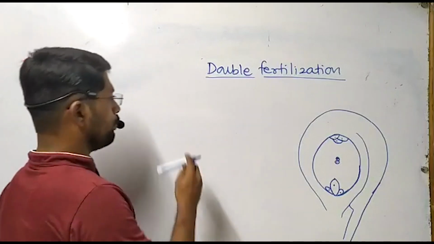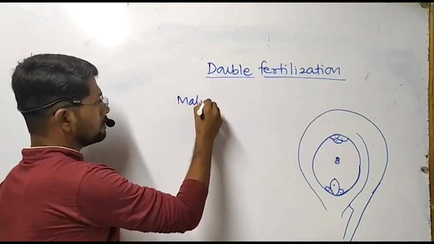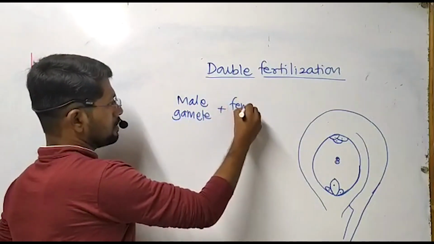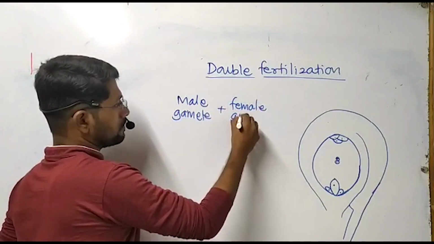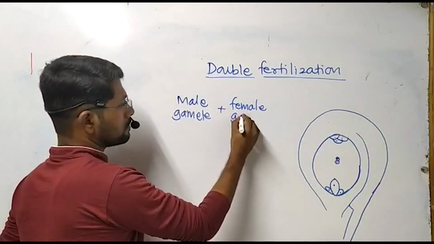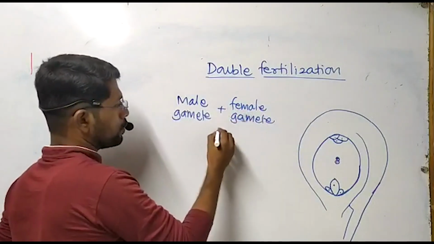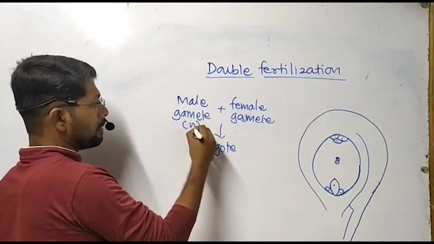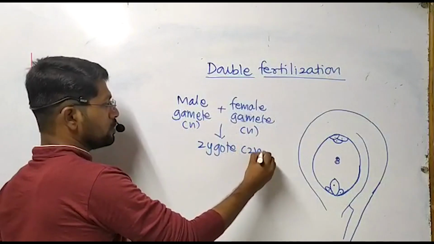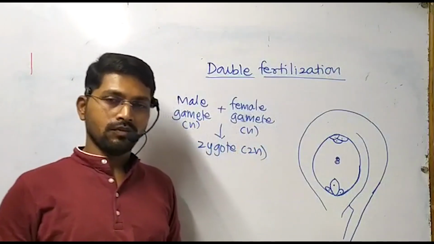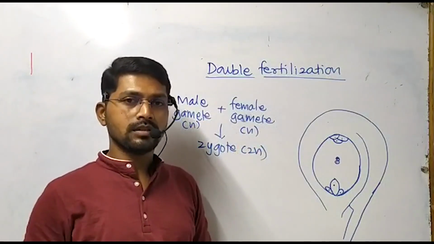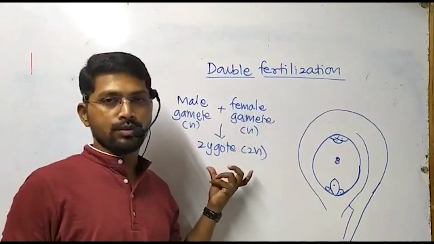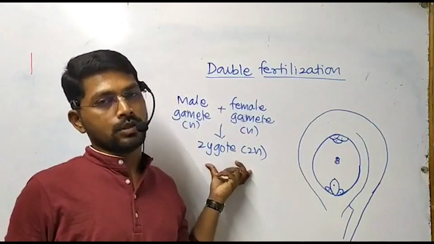Fertilization is nothing but fusion of male gamete and female gamete to produce the diploid zygote. The ploidy of the gamete is haploid, and the zygote formed is diploid. So the definition is very easy: the process of fusion of male gamete and female gamete to produce a diploid zygote is called fertilization.